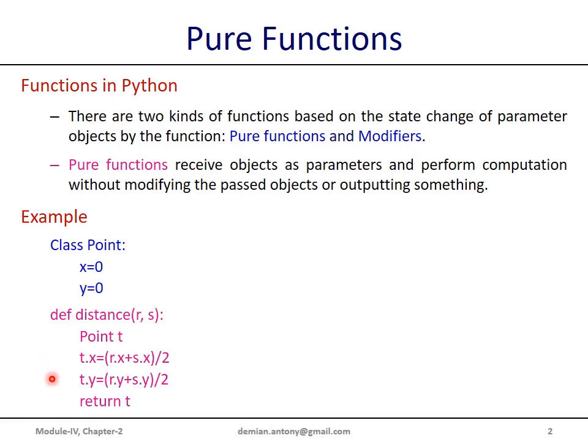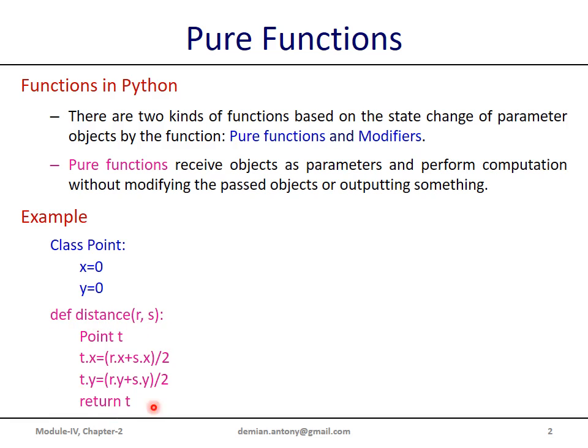What this function does is take the midpoint of these 2 points. R is a point, S is also a point. We are going to create one more object of Point and then we calculate the midpoint of R and S, and then we return this new point which is a midpoint of these 2 parameters.